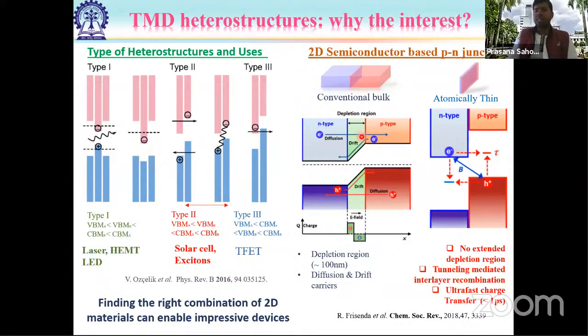So if the carrier wants to go to this side, it has to literally go into a crowded place and cross this region to the other side. That is called the depletion zone. What if you make 2D materials? Because there is an ultimate thickness limit, there is no such diffusion process.